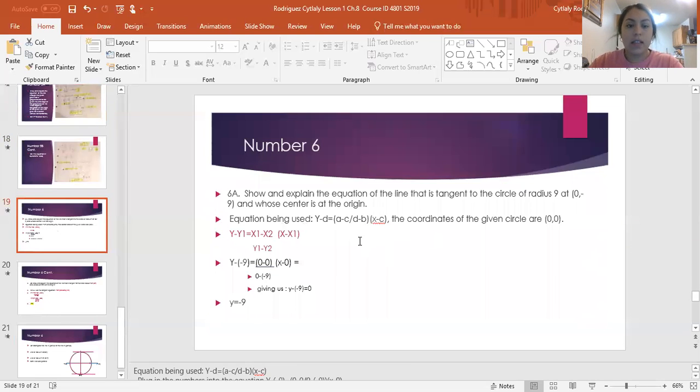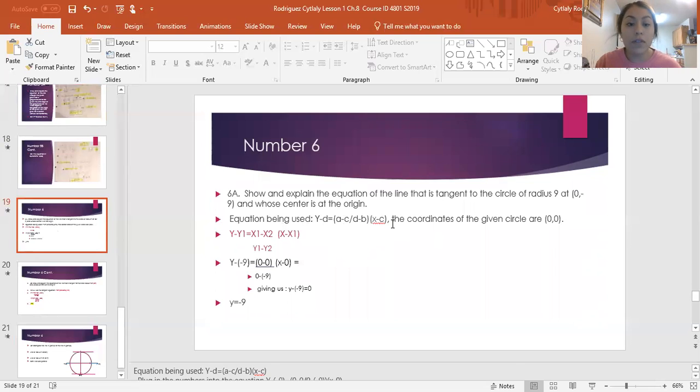Okay, 6. 6 says to explain the line that is tangent to the circle of a radius 9 at (0, 9), and whose center is at the origin. So this is the equation for the tangent line, but I just like it. y minus d equals parentheses a minus c divided by d minus b, close parentheses, times x minus c.